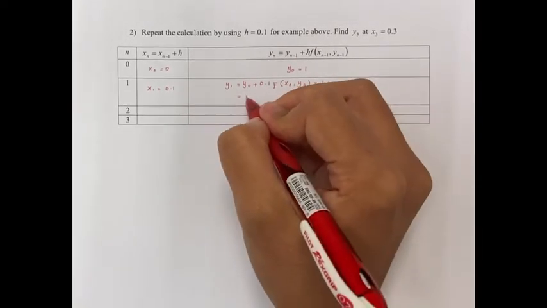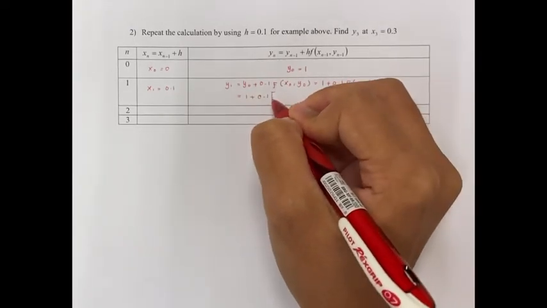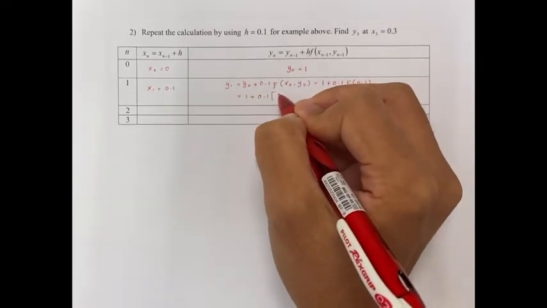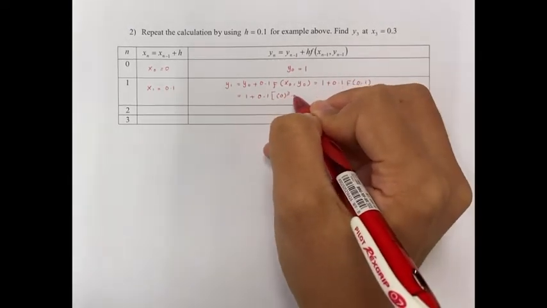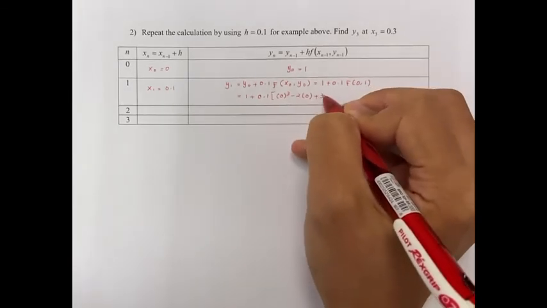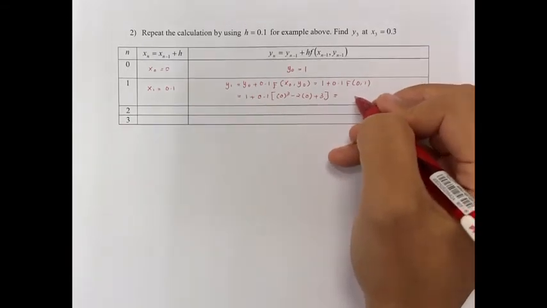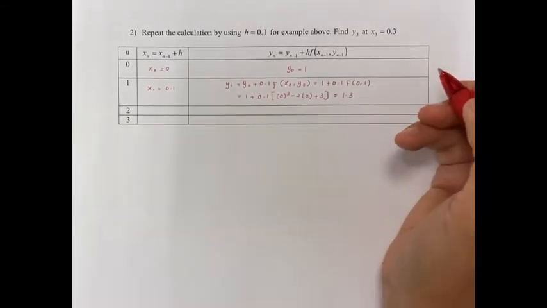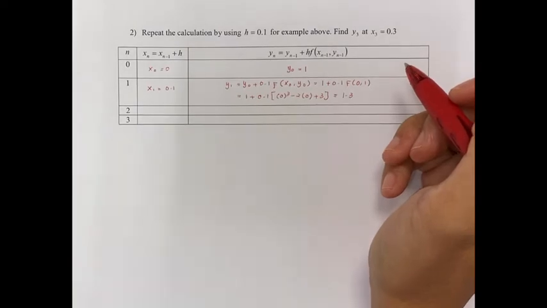So you have 1 plus 0.1 multiplied by 0 cubed minus 2 multiplied by 0 plus 3. And the answer is 1.3 for y1. So y1 is equal to 1.3.